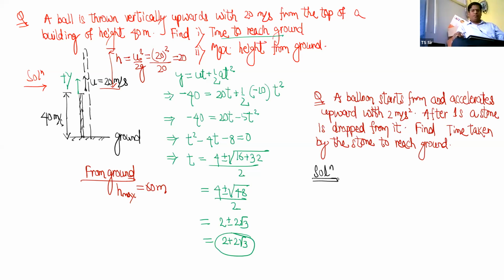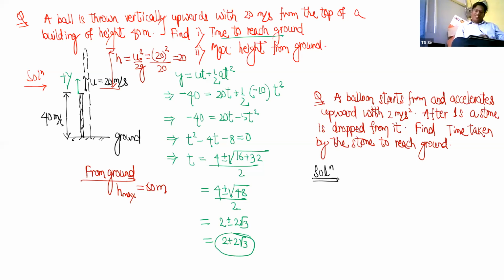Solve it. Anyone? See, this is basically the same question. Here it is dropped with 20 meter per second from height 40, that is being told here indirectly. Here, first the balloon is rising up. Then after some time the balloon has reached some height, and the stone is dropped.